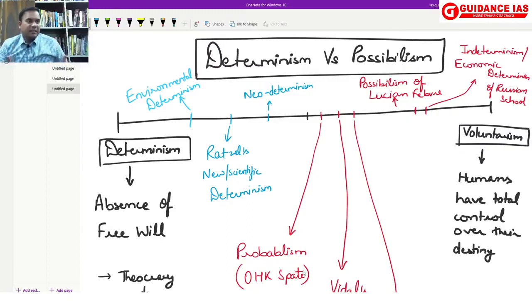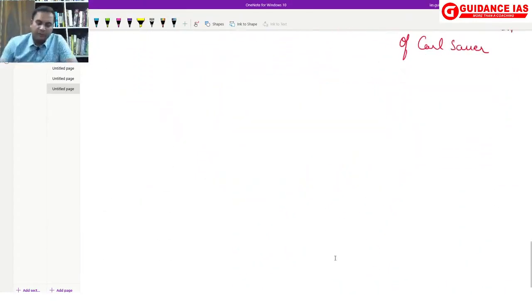So remember this. We will discuss all of these now, and you'll understand that better. But remember this picture, this chart, this diagram that we are drawing here. Okay. So now I am moving on, and I am going to start with the first philosophy, that is determinism.